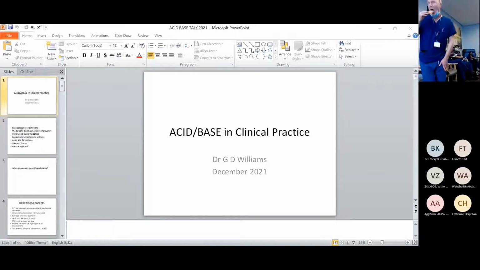And don't forget, water itself can dissociate into hydroxyl ions and hydrogen ions. So water plays a big part in this, as does CO2, which we'll come to. But most of our body's hydrogen ions are recycled through aerobic metabolism within cells. But quite a lot of it, when you think about how much there actually is in the body.